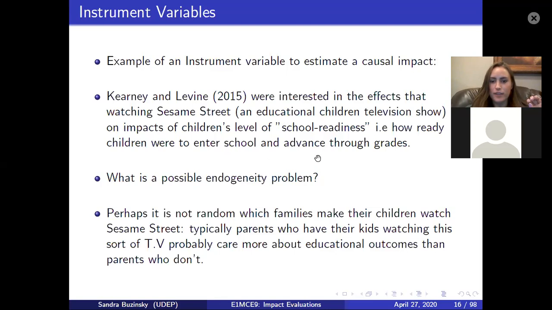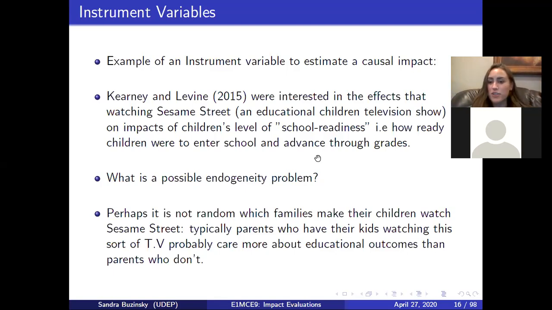Okay, so obviously, if we're interested in the effect of watching Sesame Street on school readiness, they're basically just talking about smartness also. It's kind of just like ability to learn, I guess.